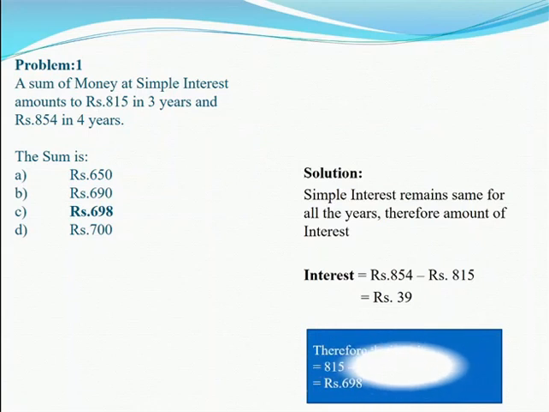So the final answer will be, we know that the sum of money at the 3rd year is 815. So if we subtract 39 interest for 3 years, 3 years means we have to bring 815 back up to the year 0. So that is why we are subtracting 39 for the year 1, 2 and 3. We get the answer as rupees 698.